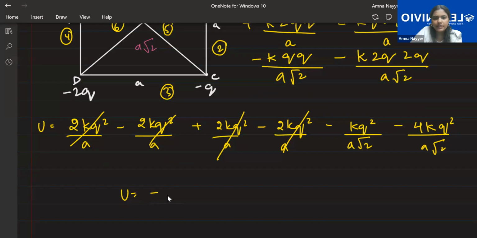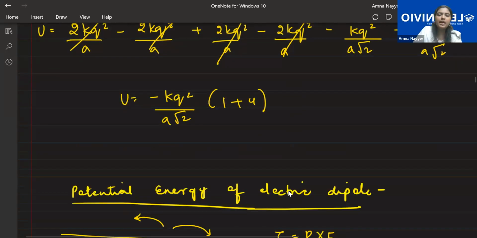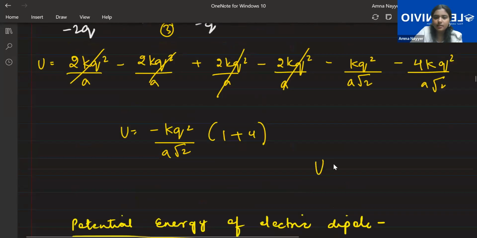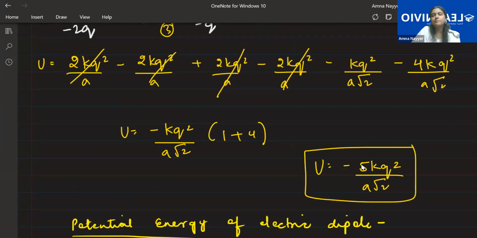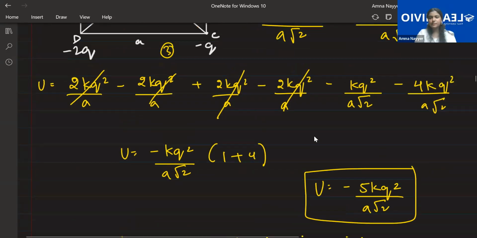Let's take minus kq square by a root 2 common. So we will be left with 1 and from here 4. 1 plus 4. So finally our answer is minus 5kq square by a root 2. This is the potential of this. Understood, Rani? Yes, ma'am.